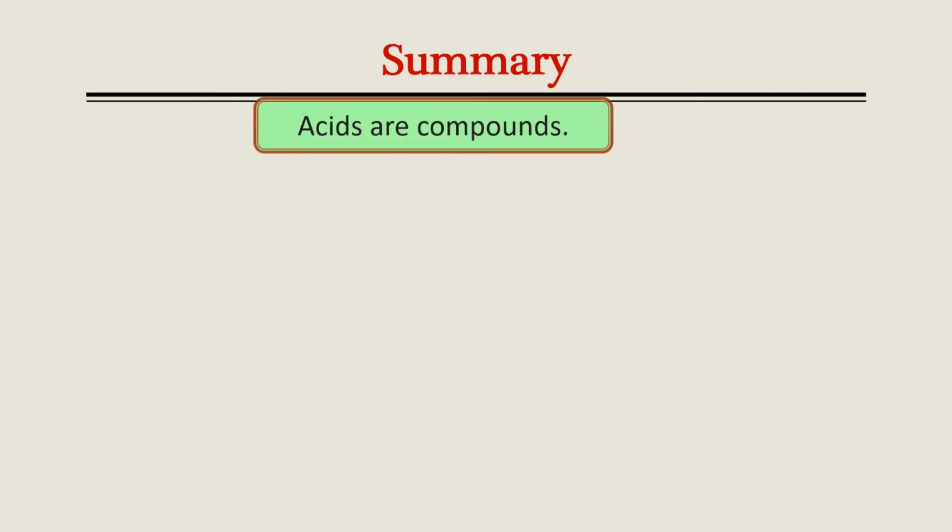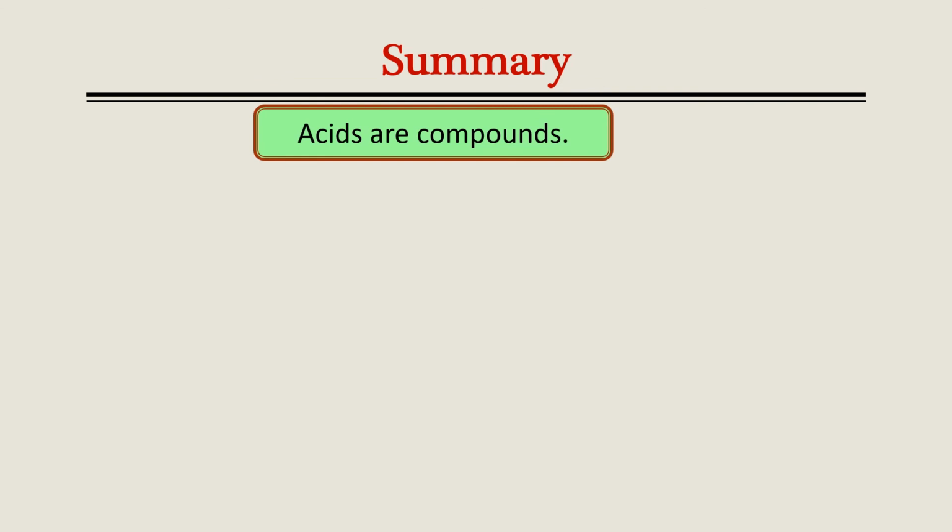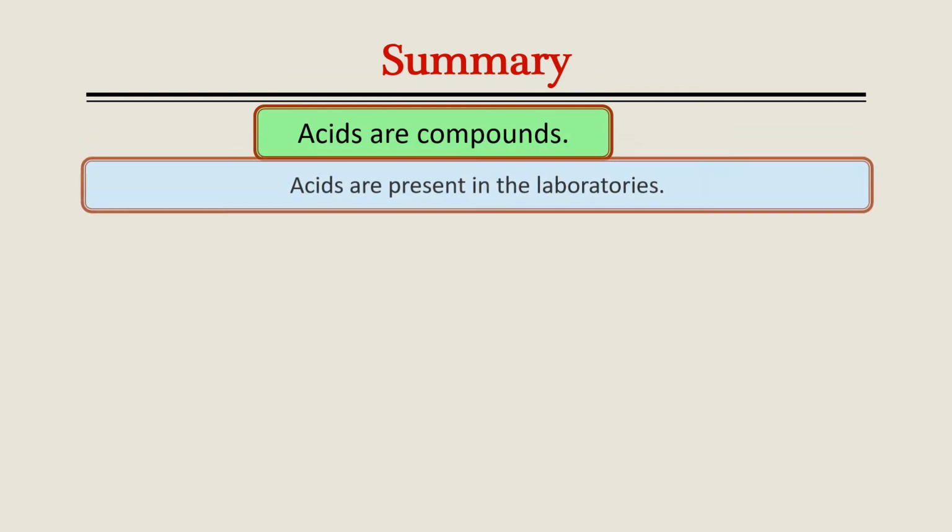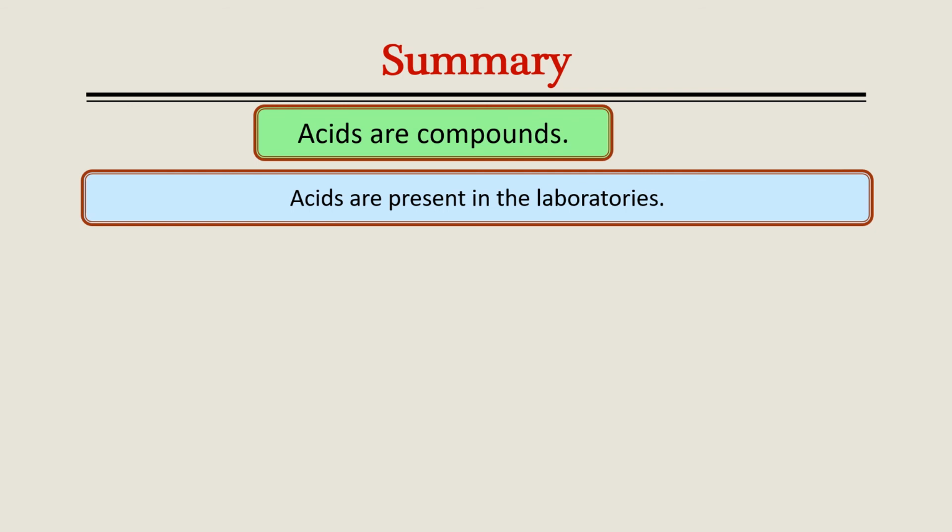Well, we have now reached the end of today's lesson. Let us summarize what we have learned in today's lesson. We have seen that acids are compounds. Acids are present in the laboratories.